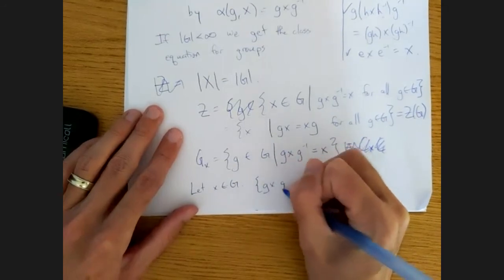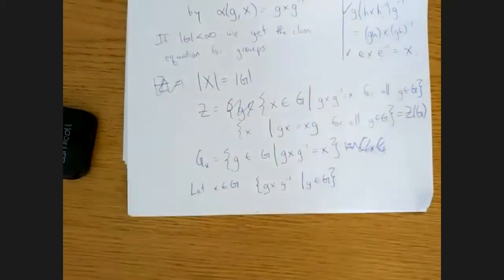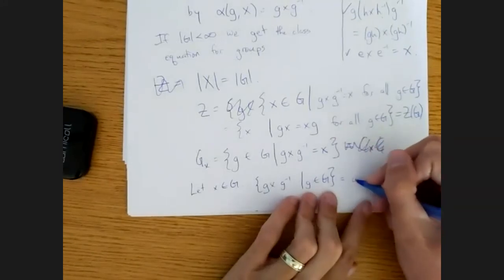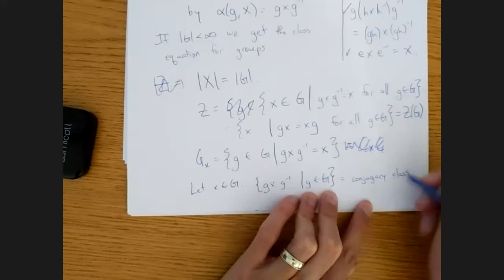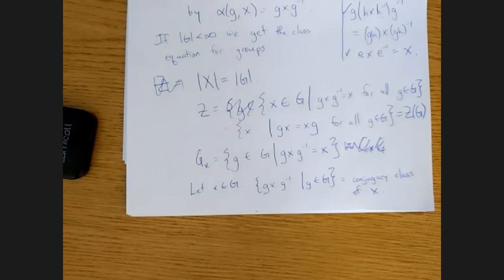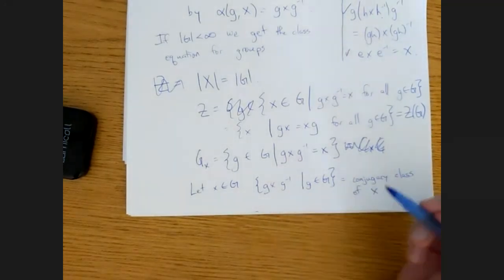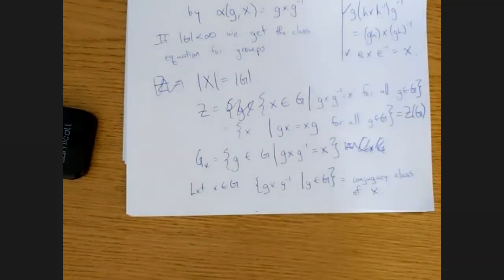So if we look at GX G inverse, this is the orbit of X under the action of G. This is called the conjugacy class of X. And this tells us that the number of elements which are conjugate to X is equal to the index of this subgroup in G. Okay.